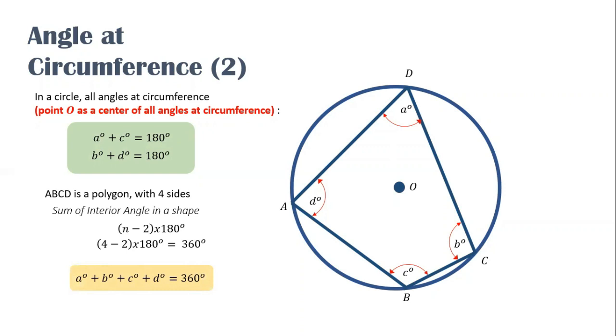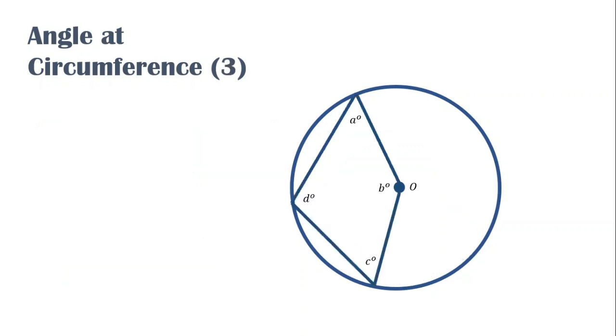Good. Okay, students, we go to the next pointer, angle at circumference, the third pointer. We call this one angle D degrees, angle A degrees, angle B degrees, and angle C degrees. In a circle, a combination of angles at circumference and angle at center.